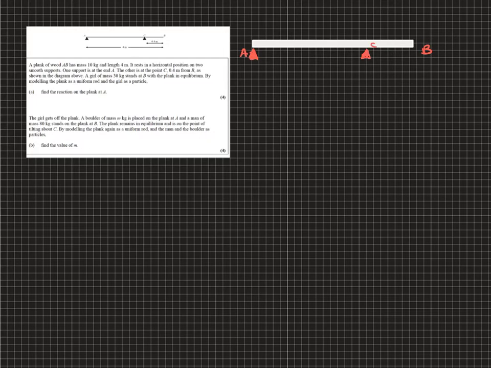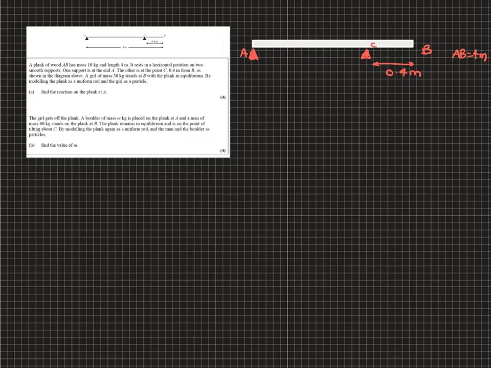Now we know some measurements. We know that the length of the piece of wood is 4 meters, and it's got a mass of 10 kilograms. We know that C to B is 0.4 meters, and we know that that means that A to C will of course be 3.6 meters.